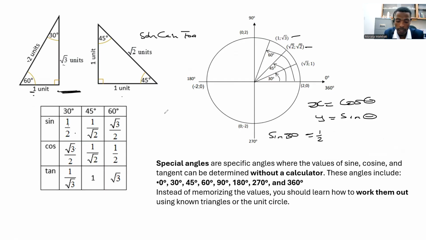Cosine of 30 is root 3 over 2, like that. All right, so I want to show you something. When we need the coordinates for special angle 30, remember, sine is y and cos is x.